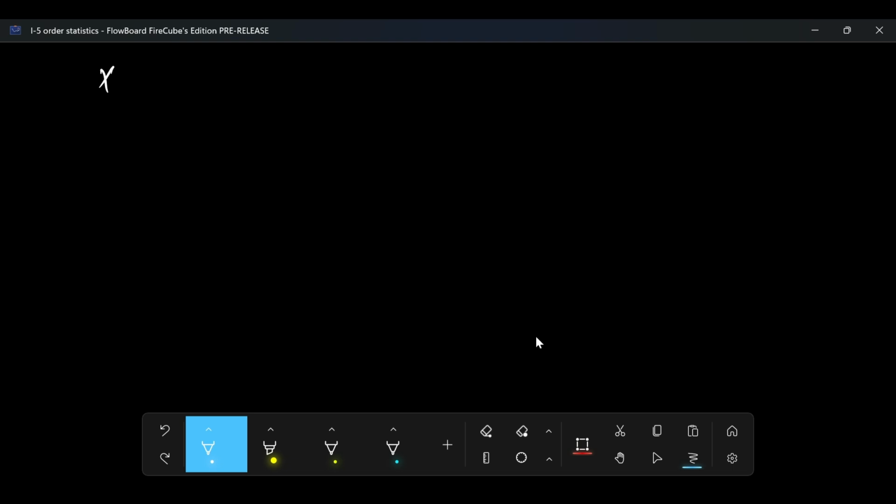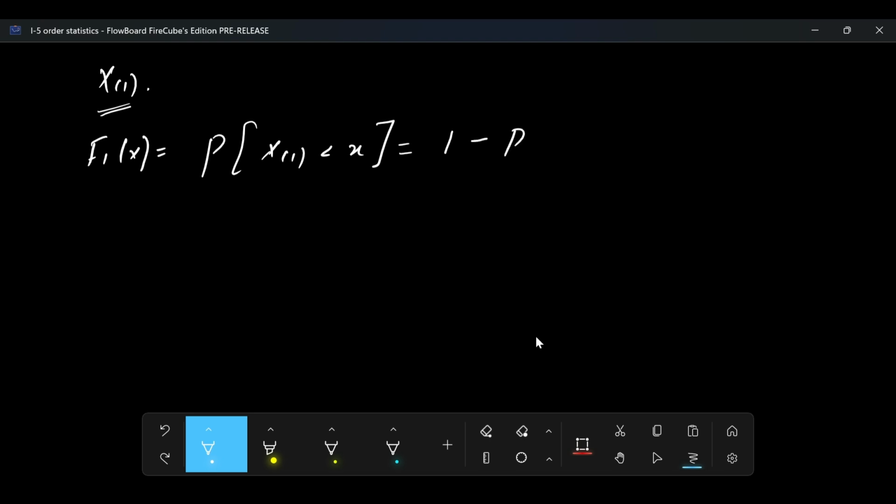Now talking about the first order statistic, that's X1. F_1(x) will be probability X1 less than or equal to small x, and this can be written as 1 minus probability X1 greater than x. Whenever you have the first order statistic with a less than or equal to sign, try to convert it into this.